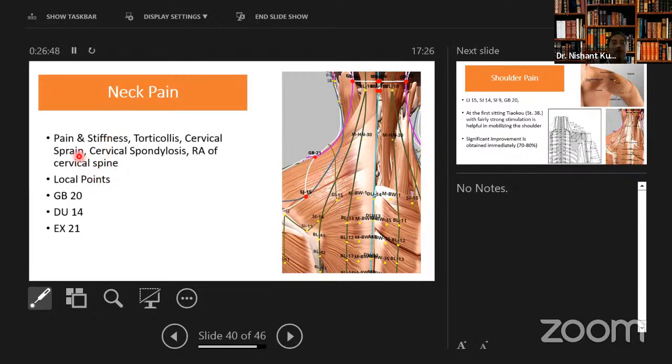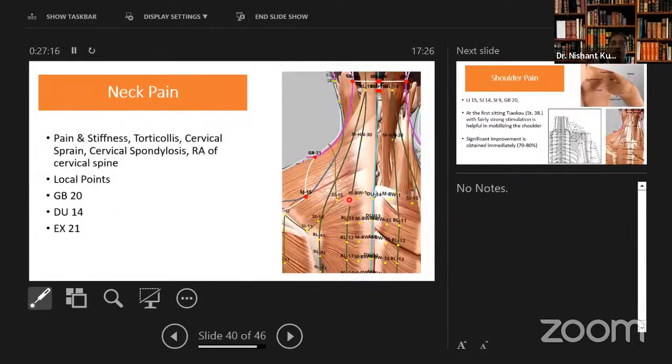So basically stiffness, torticollis, cervical pain, RA cervical spine can be treated. Again, we will start with GB20, DU14 at C7 and T1, and extra meridian is 0.5 Shun lateral to DU14. So these are the common important points for neck pain.